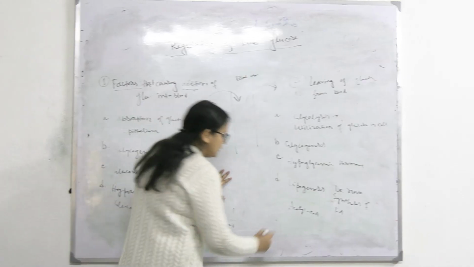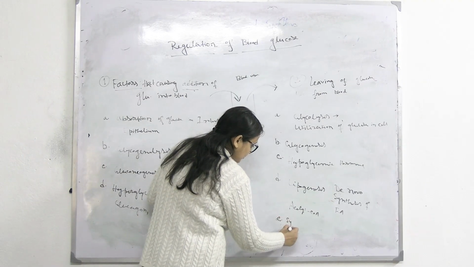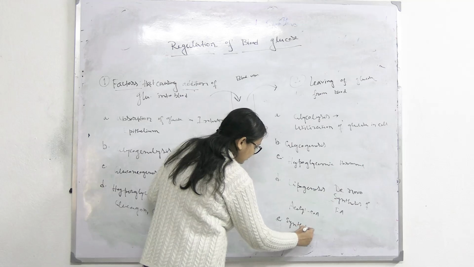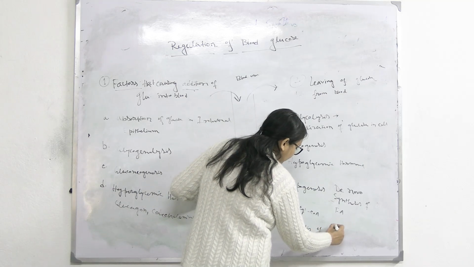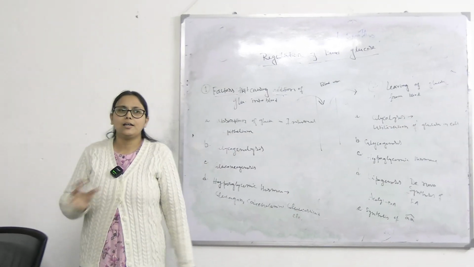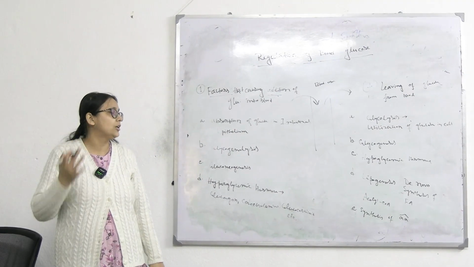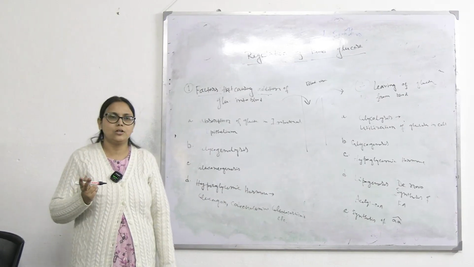Then synthesis of amino acids. When you read amino acid metabolism, you will see there are various products or derivatives of glucose which help in synthesis of different types of amino acids.